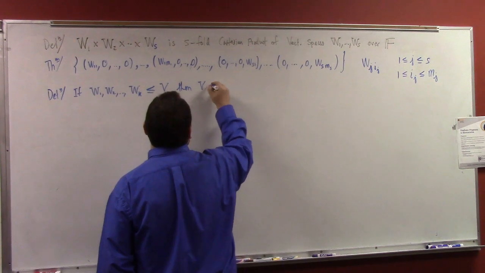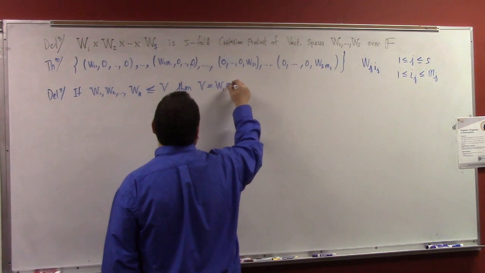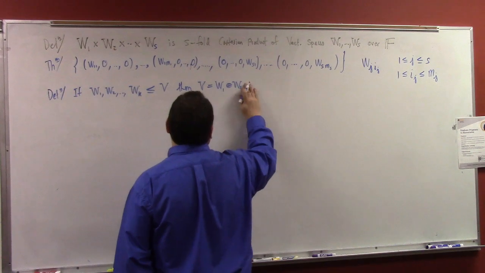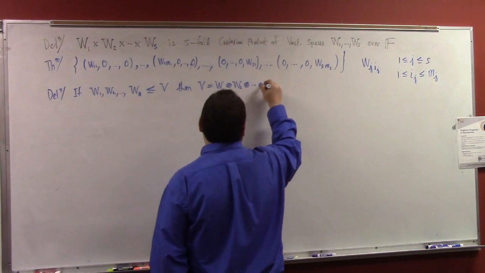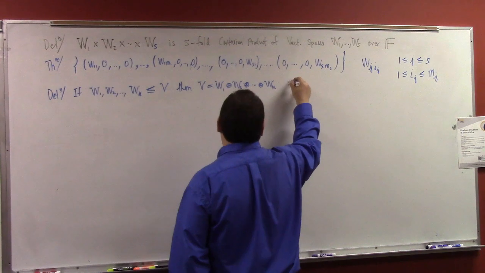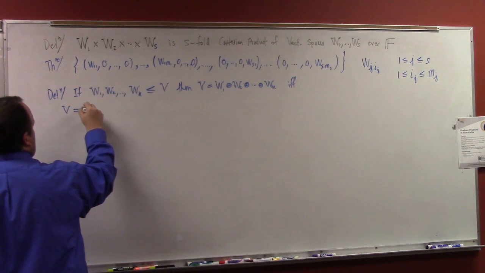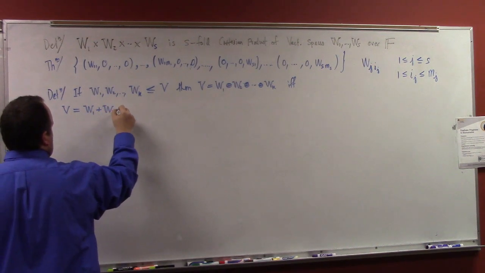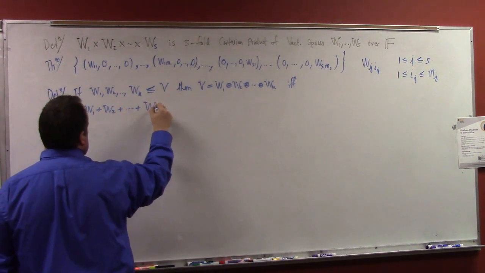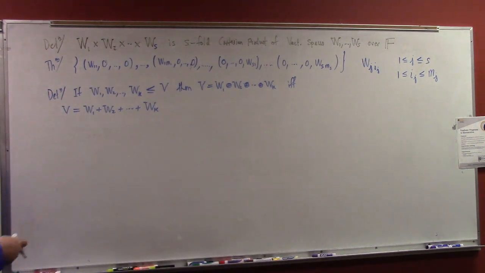And we write V equals W1 direct sum W2 direct sum WK if and only if V is equal to W1 plus W2 plus dot dot dot plus WK, where that has the obvious meaning extending from 2 to K, right? You just take sums of elements from each one, right? Oh, my bad. I'm not following my own definition. I am so sorry.